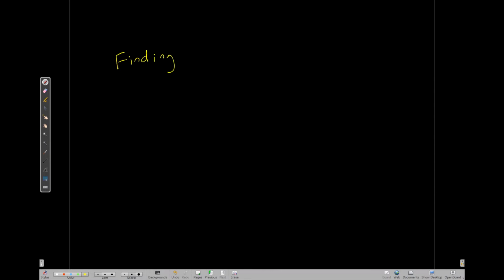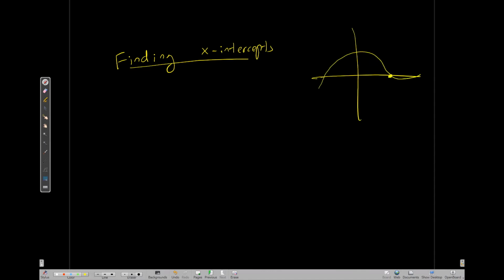Finding x-intercept. All you need to do, see, x-intercepts are points like this, and we know the y value is 0. So you just need to set y equals 0 and solve for x.